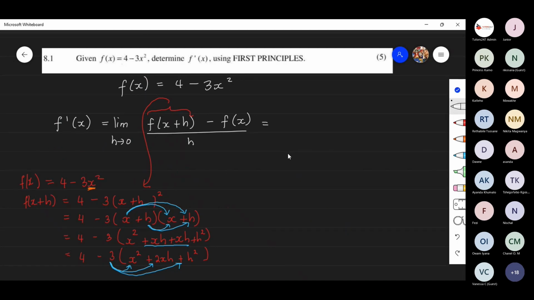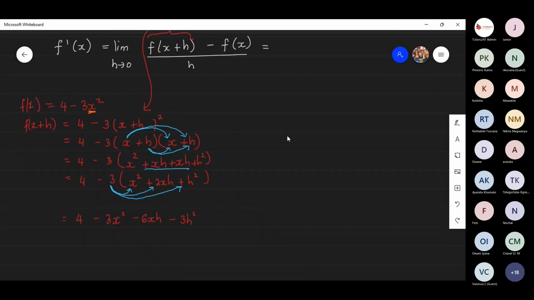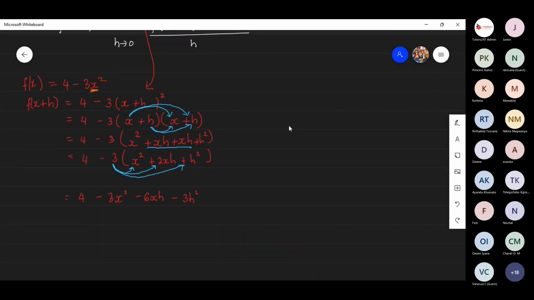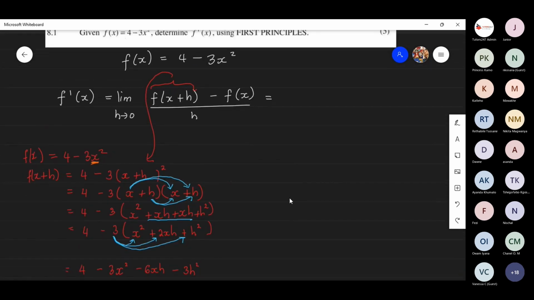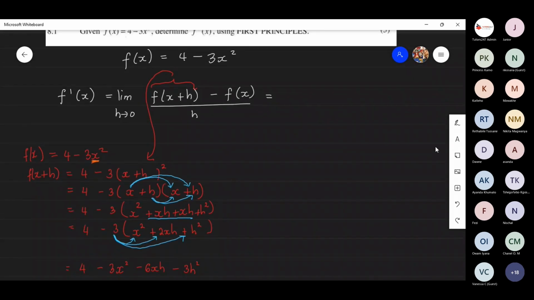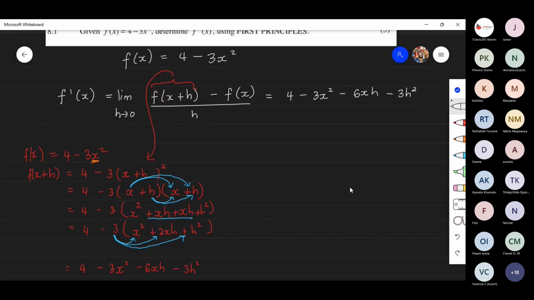So let us continue with our question. Let us now substitute our part of f of x plus h, and we had 4 minus 3x squared minus 6xh minus 3h squared.